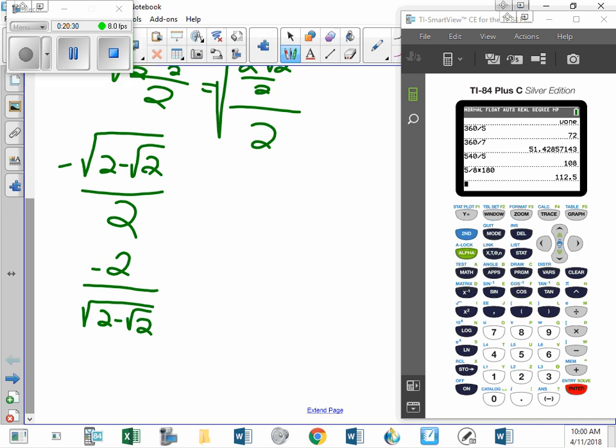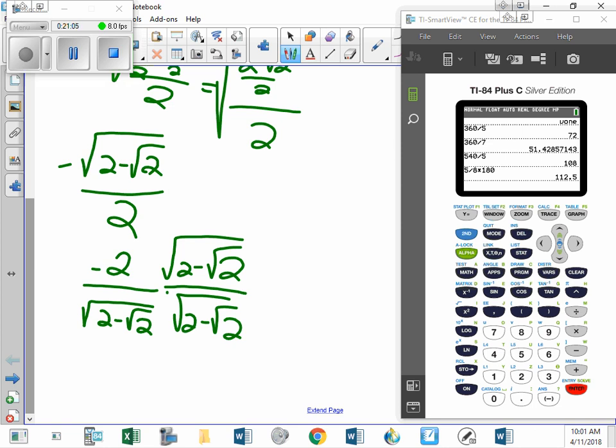I can't have square roots in the bottom. Okay? Remember how I said that half angles can be kind of nasty? So I need to multiply by, yes, it is that hard. Okay. It is a long process. So do you understand why I did that step?